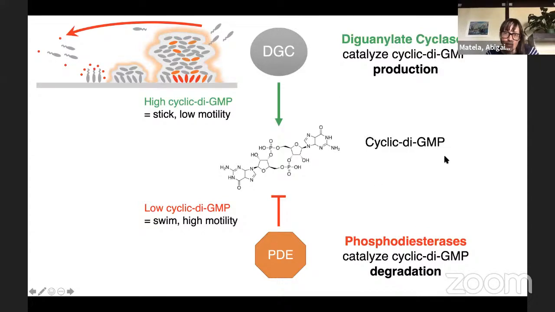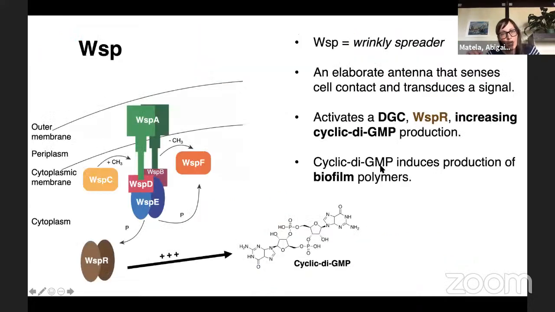Cyclic di-GMP production is catalyzed by diguanylate cyclases, and it's then degraded by phosphodiesterases. I'm pointing this out because within these pathways, all of them contain a diguanylate cyclase.